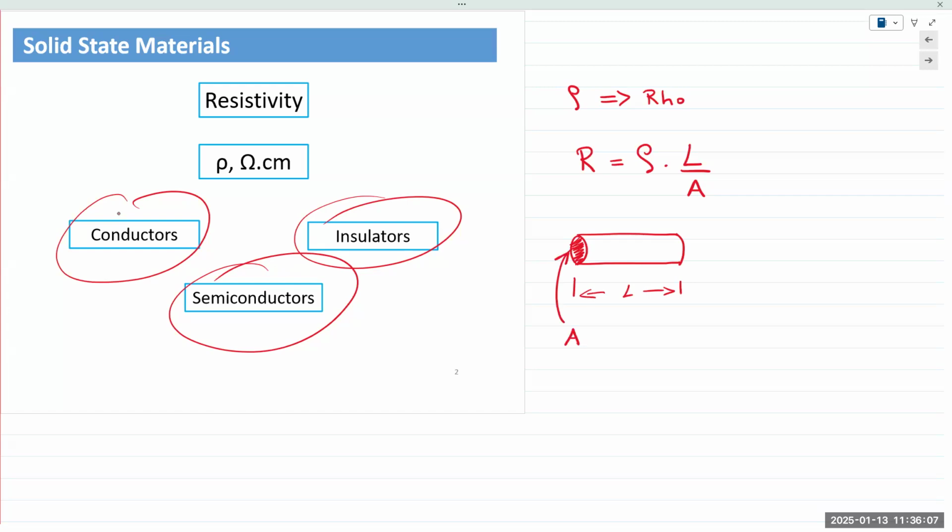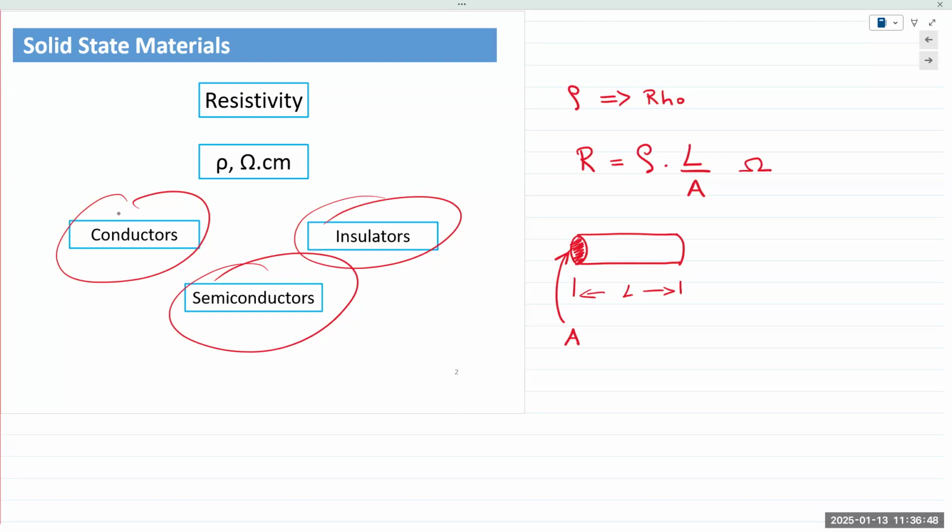So the resistance created from a piece of material can be defined by this equation, R equals rho L over A. It is directly proportional to the length, meaning the longer the piece of material, the higher the resistance, and the shorter the piece of material, the lower the resistance. And of course, cross-sectional area. And the units for R are simply ohms, right?